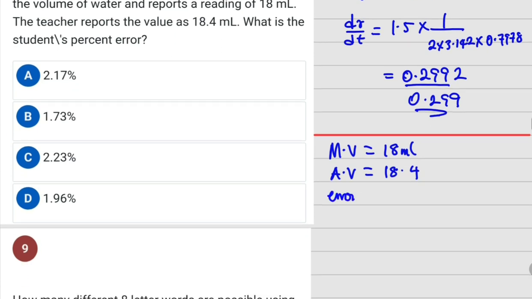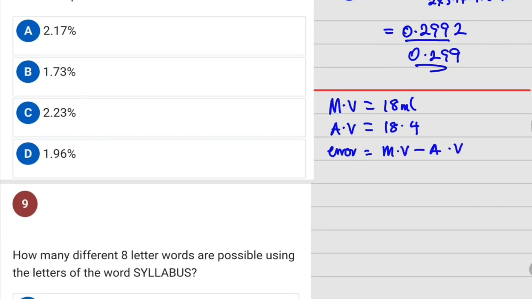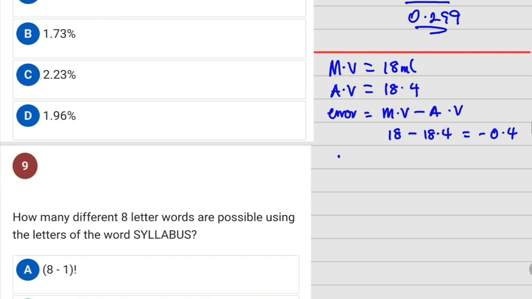Now error is actually measured value minus actual value. So we are going to have 18 minus 18.4, which is minus 0.4. All right, so percentage error is equal to error all over actual value times 100%.